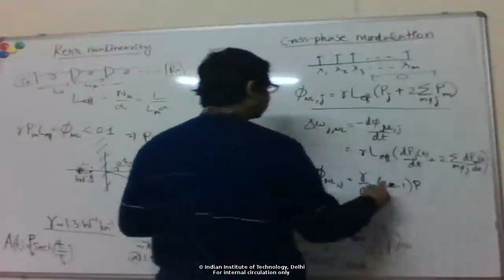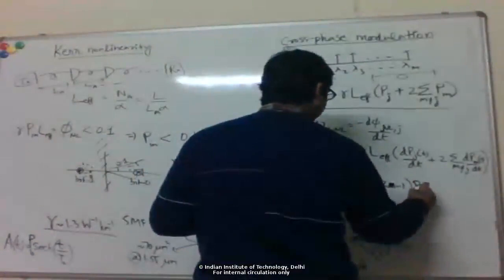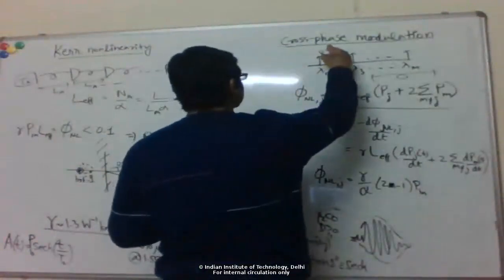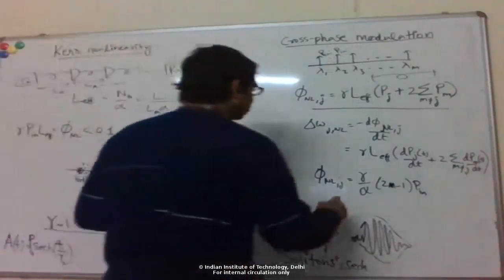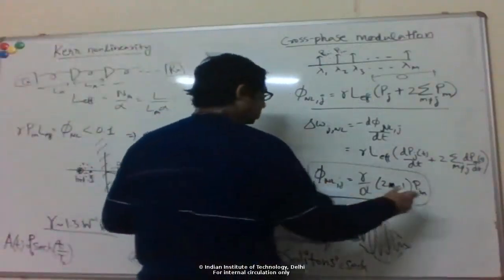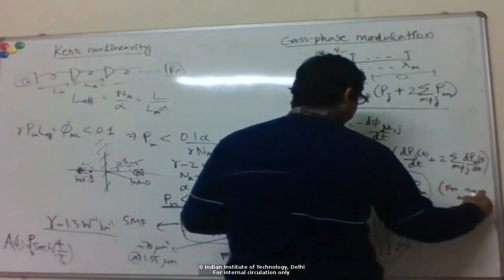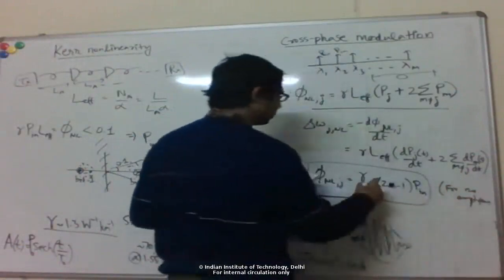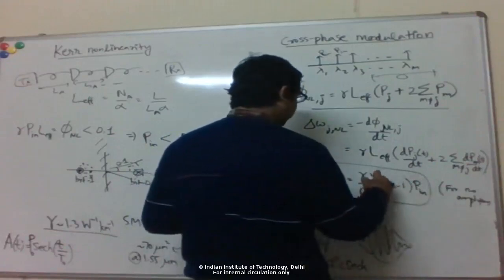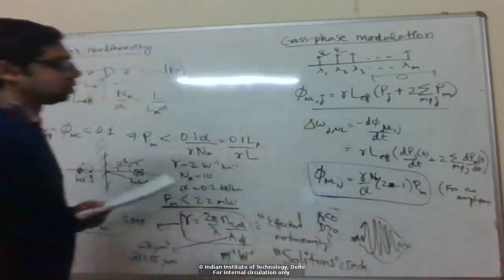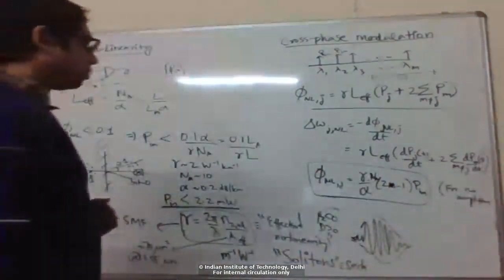M is the total number of wavelength channels, and P is the input power per channel. Again this is for no amplifiers. If you have amplifiers in the link, then you'll get a factor of n here. You multiply this by n, the number of amplifiers, because the effective length is multiplied by the number of amplifiers.